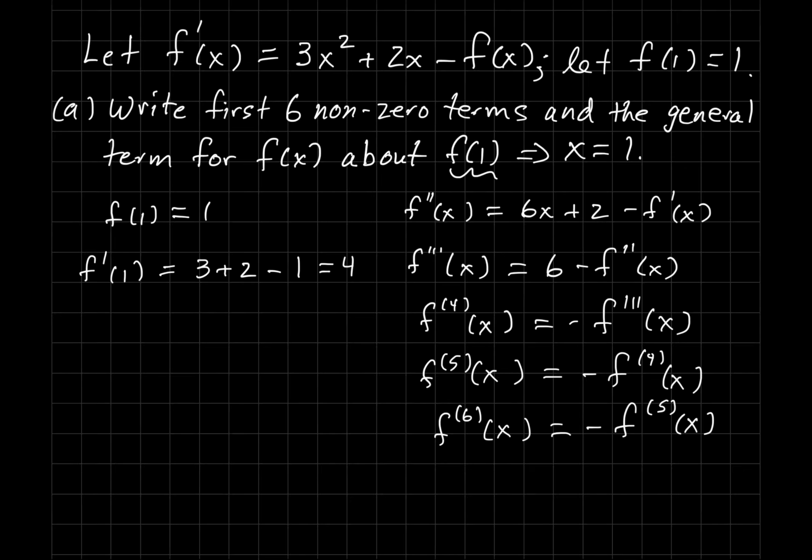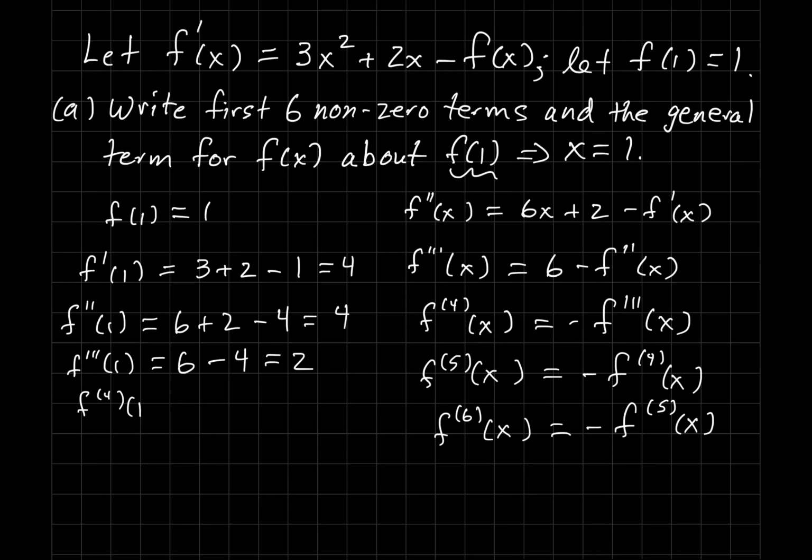So I start finding values. I have f double prime of 1 is 6 plus 2 minus f prime of 1. So that equals 4 also. F triple prime of 1 is 6 minus f double prime, so 2.